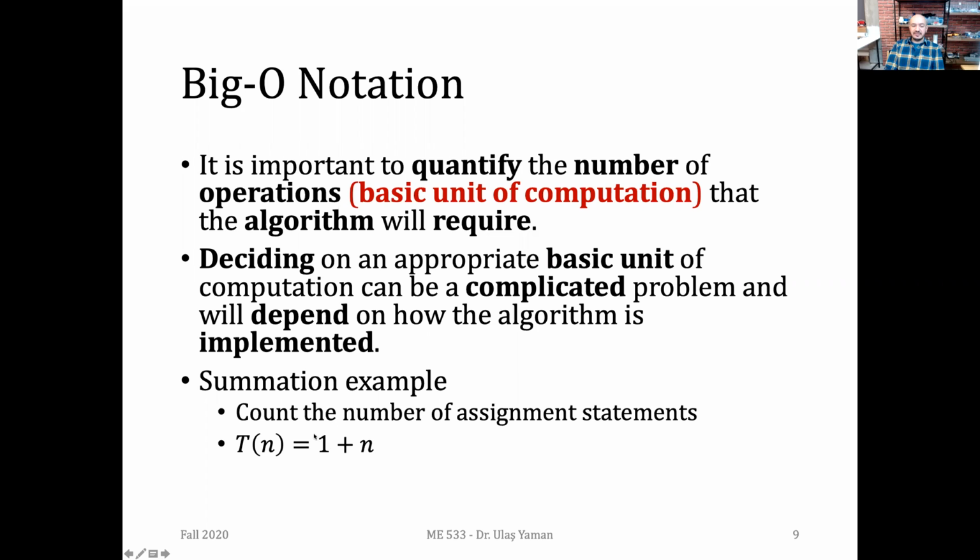This is the sum of operations we perform in this implementation with a for loop. Obviously, n is the size of our problem, so as n increases, the time required for the computation will also increase.